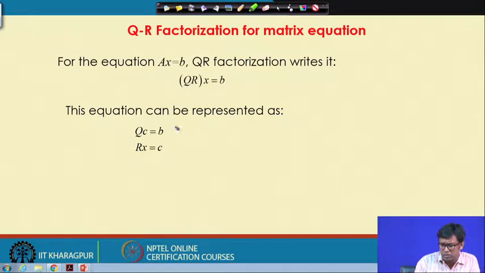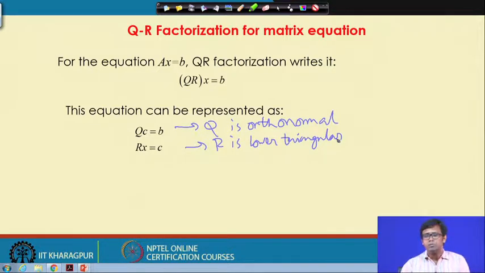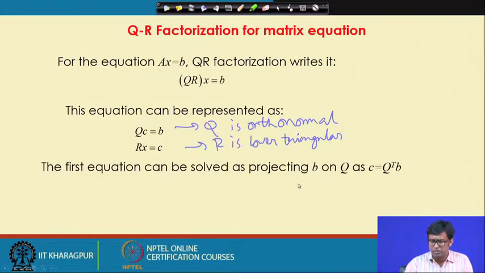There are two things here: Q is orthonormal and R is lower triangular. So the first equation Qc = B can be solved by projecting B on Q.